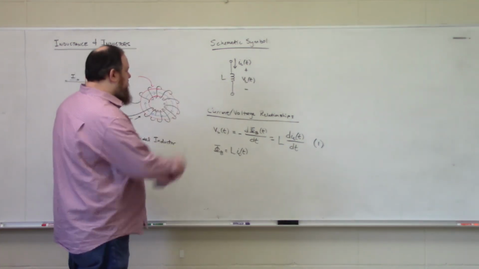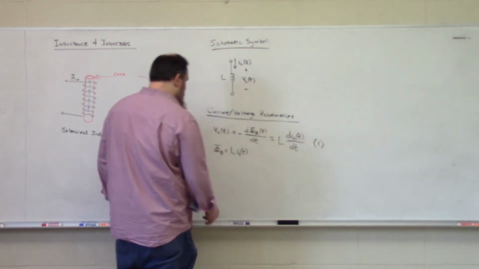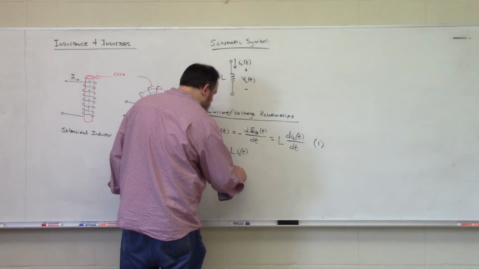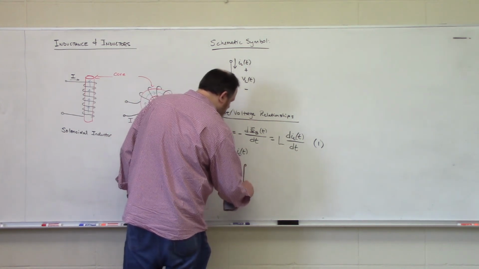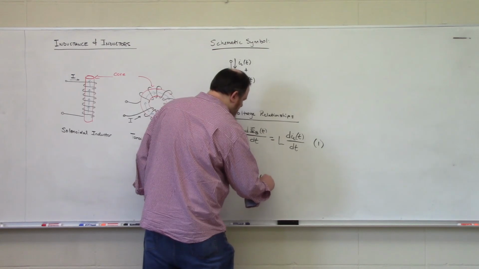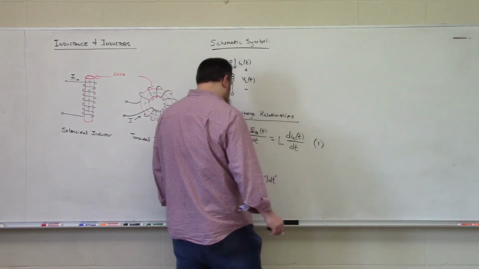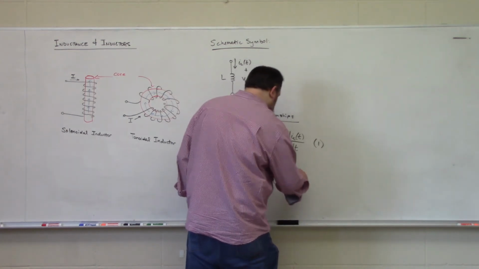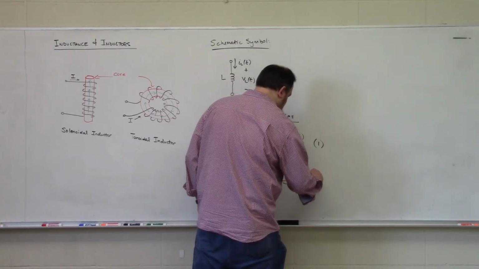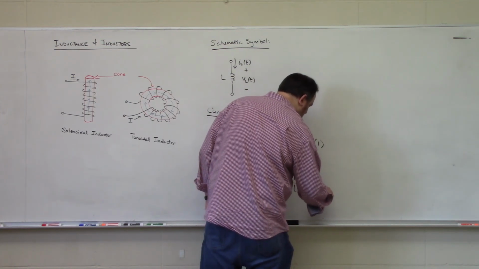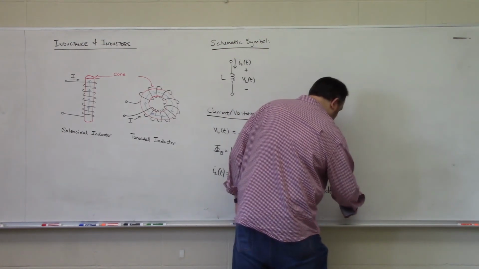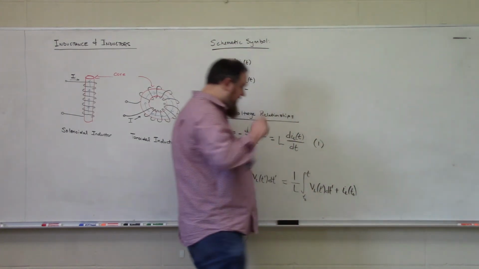We can rearrange this expression, much like we did for our capacitor, and find that IL of t is 1 divided by L, integral from negative infinity to t, VL t prime, dt prime, or 1 over L integral from t naught to t, VL t prime, dt prime, plus IL at t naught.